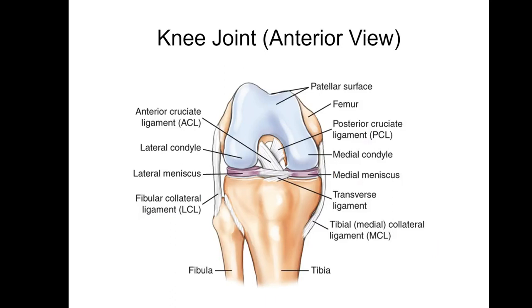Okay. So the 4 major ligaments of the knee joint are the lateral collateral ligament, or the LCL, the medial collateral ligament, or the MCL, the anterior cruciate ligament, or the ACL, and the posterior cruciate ligament, or the PCL.